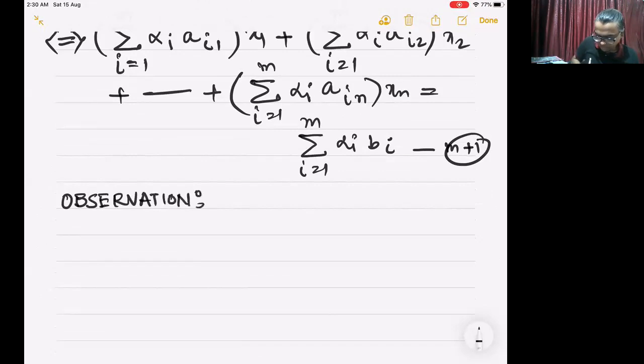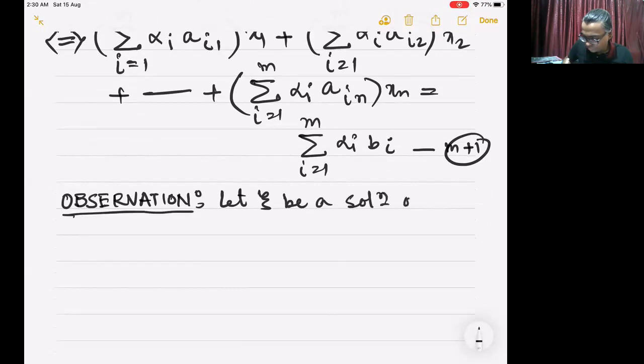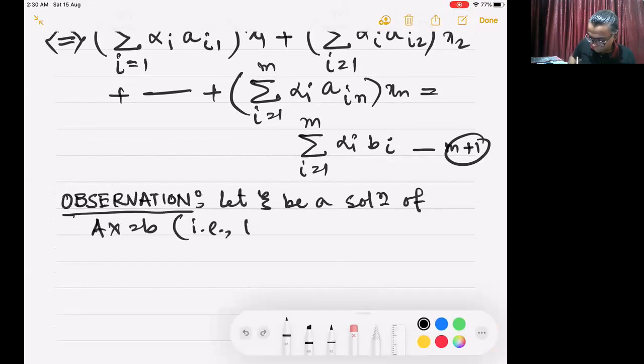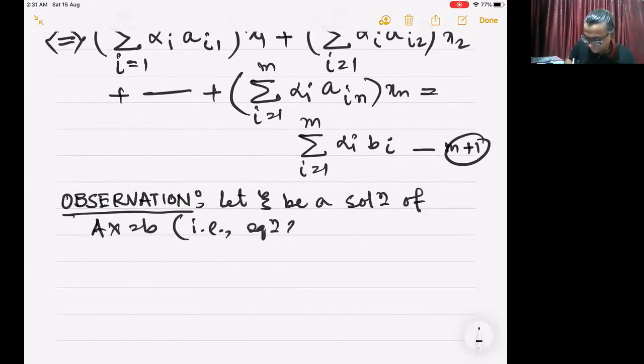The observation is the following. Let xi be a solution of Ax equal to b. That is, it's a common solution to equations 1, 2, dot, dot, dot, up to m.